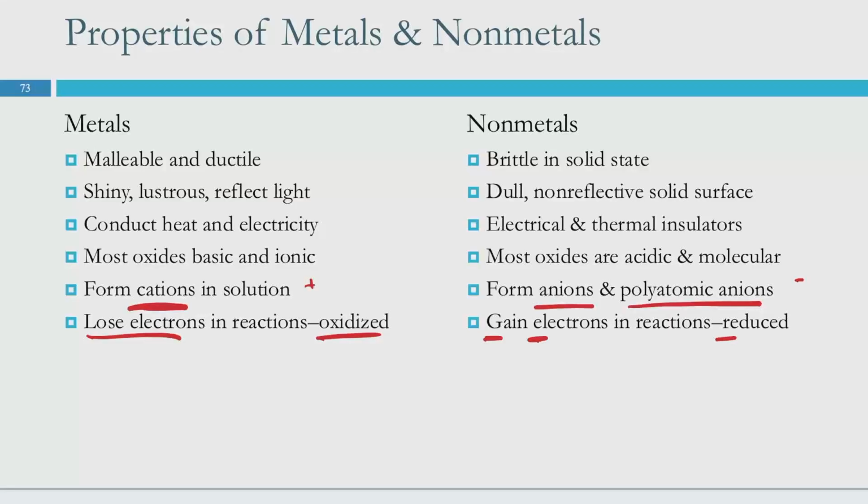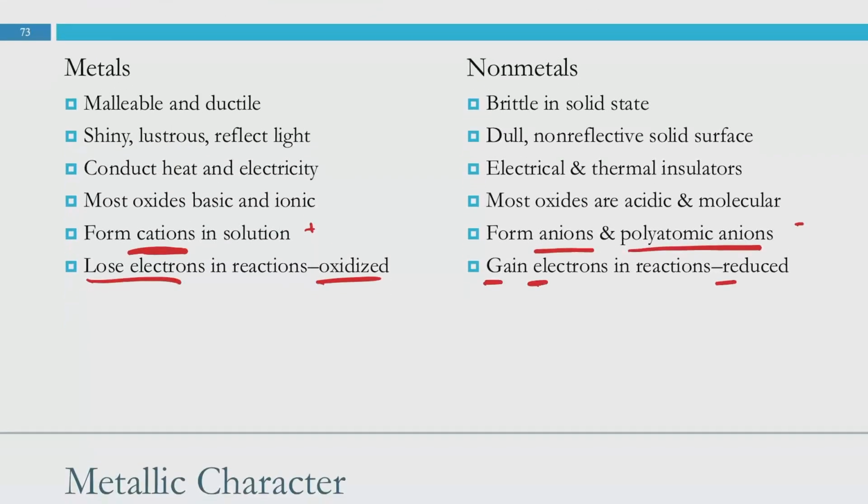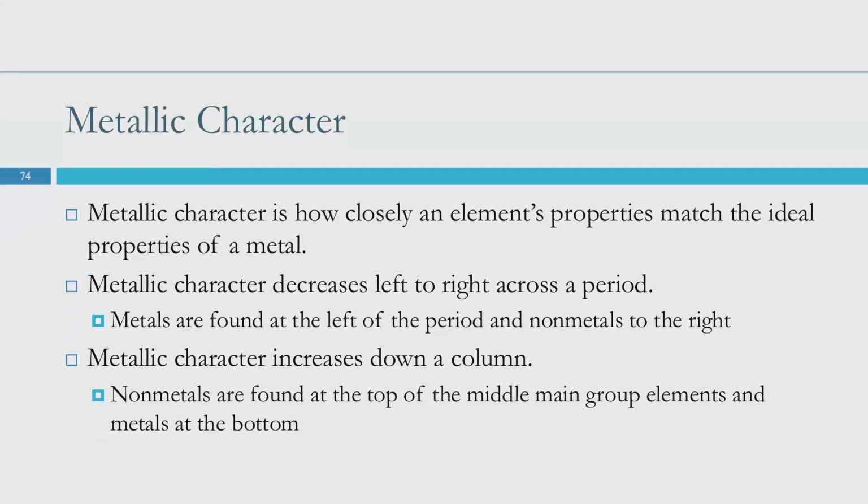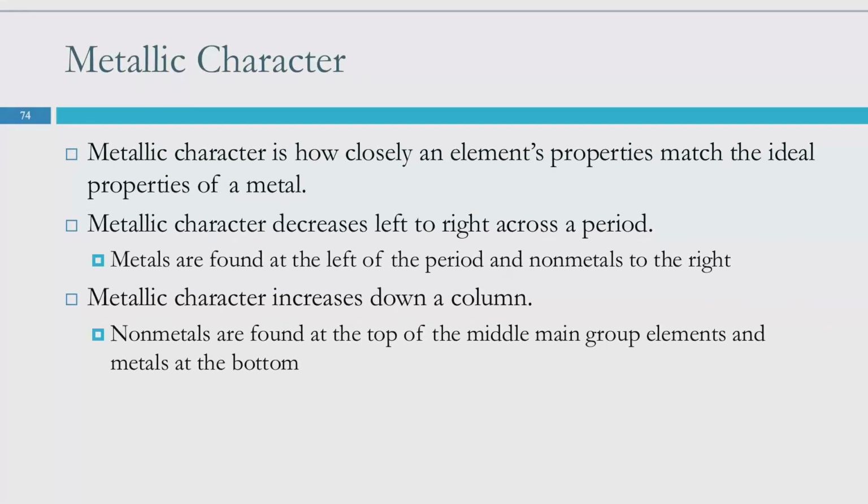This quick reminder is just to jump us into metallic character, which I think is our last trend. So metallic character is just who's an ideal metal, who behaves most like a metal. How much of a metal is the element?